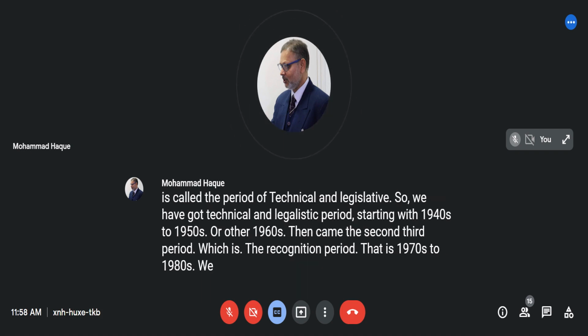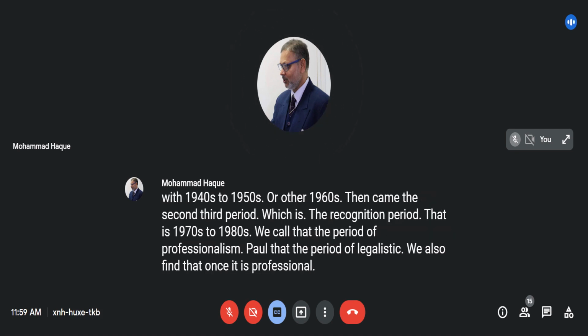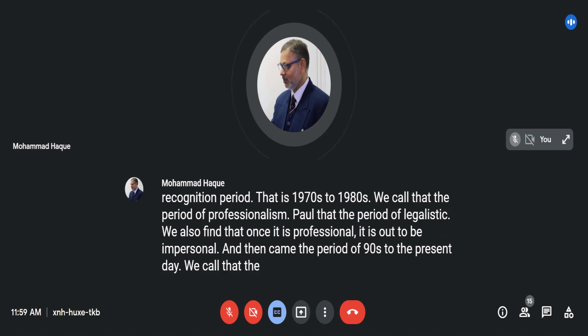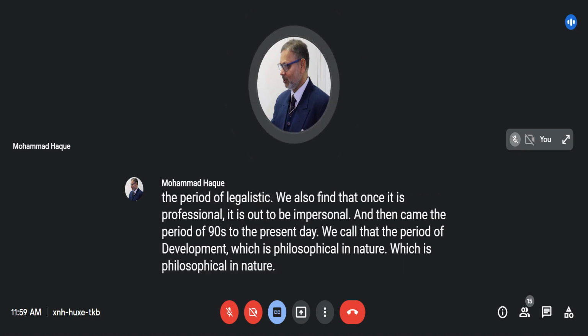We call that the period of professionalism, the period of legalistic. We also find that once it is professional, it turns out to be impersonal. And then came the period of 90s to the present day. We call that the period of development, which is philosophical in nature. So this is the period which we have.